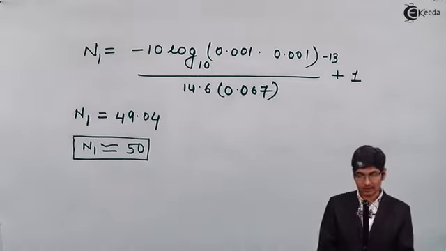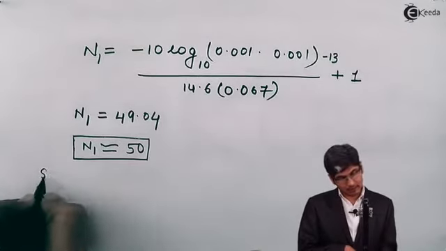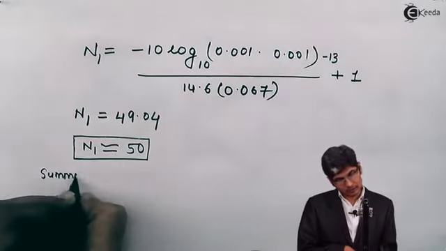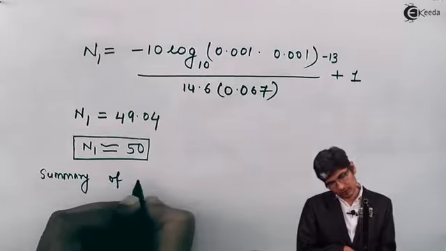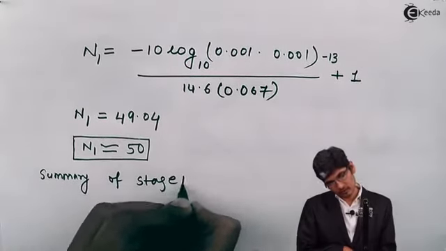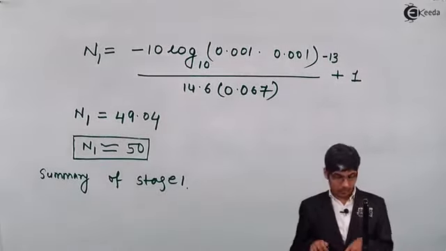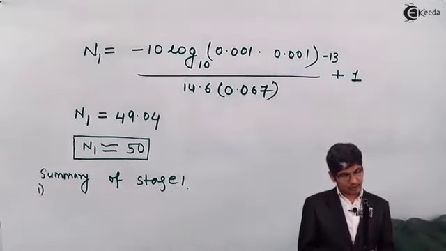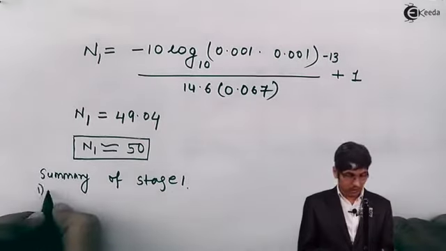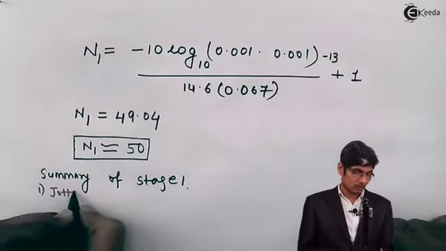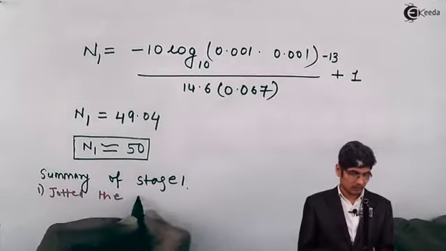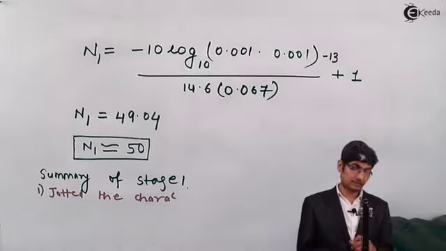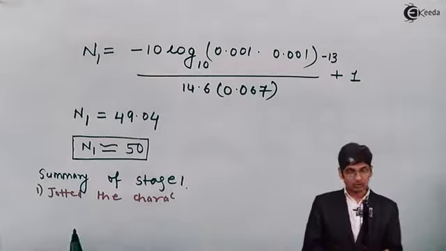Let us summarize stage 1, because we did too many things. First, we jotted down the characteristics.